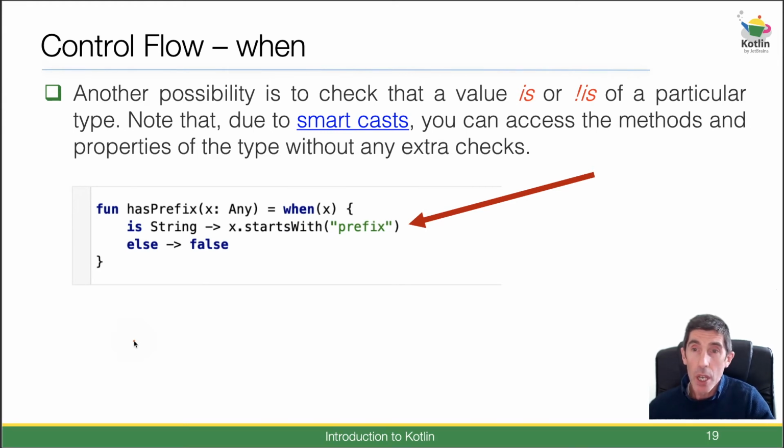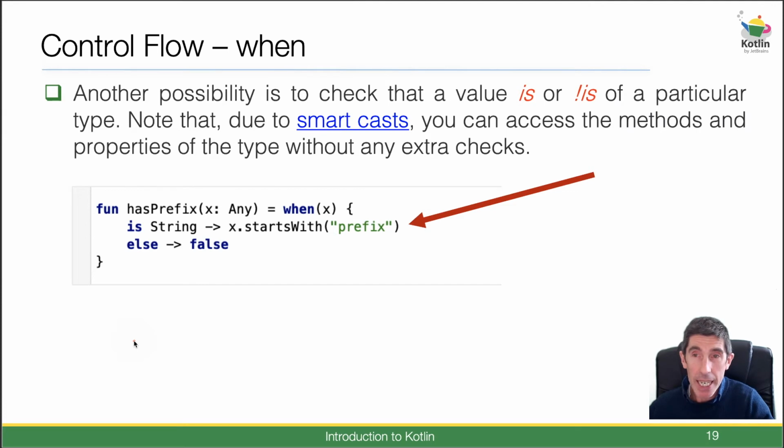Okay. So we use our when clause there. So when x is a string, x that starts with the prefix, so startsWith is a function that belongs to the string class. Okay, and then otherwise just return or assign false.